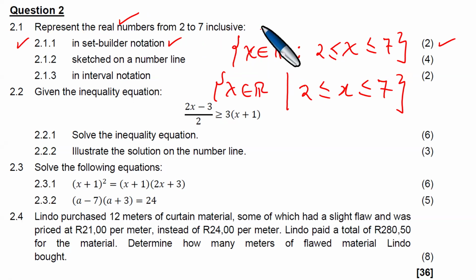What does inclusive mean? It means x can be equal to 2, x can equal 7, and it lies between them. So 2 is less than or equal to x, and x is less than or equal to 7. This is called the set builder notation.